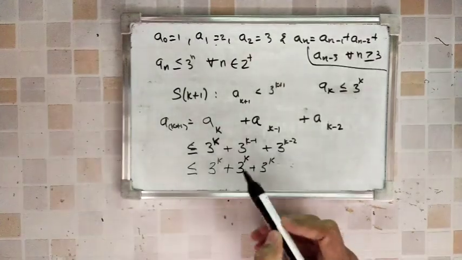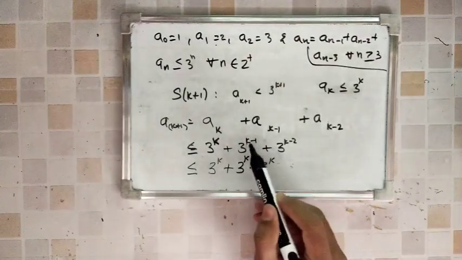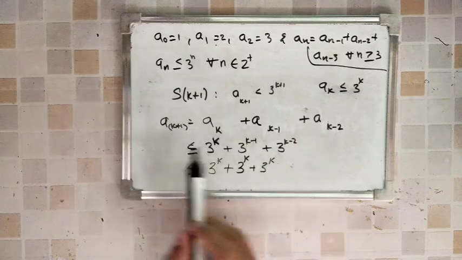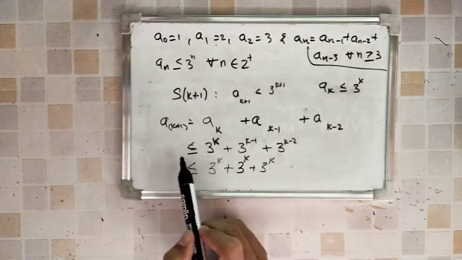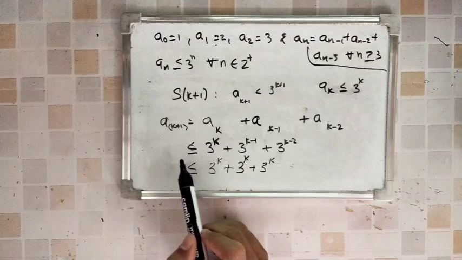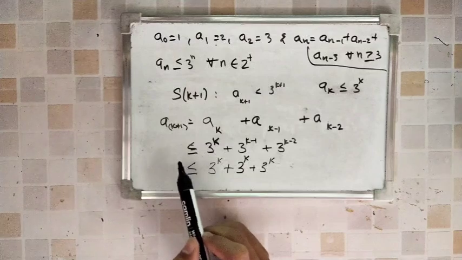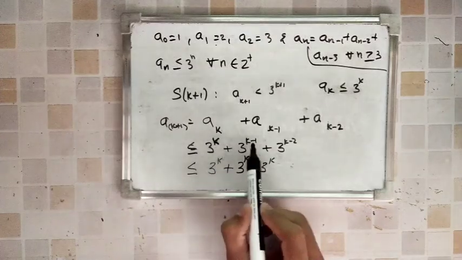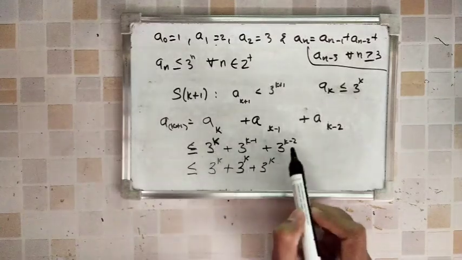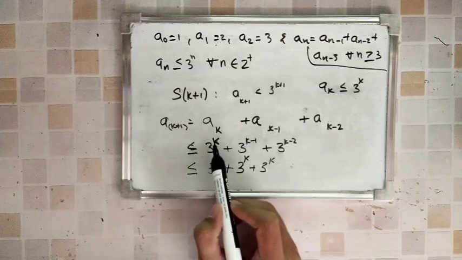See why I am writing this 3 power k? k minus 1 is becoming k itself. Why? Because I have the less than or equal to symbol here, so I have to write it in such a way that, see, this is k, k minus 1 is obviously less than k, and k minus 2 is obviously less than k.